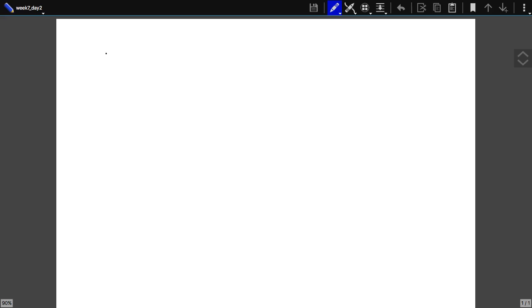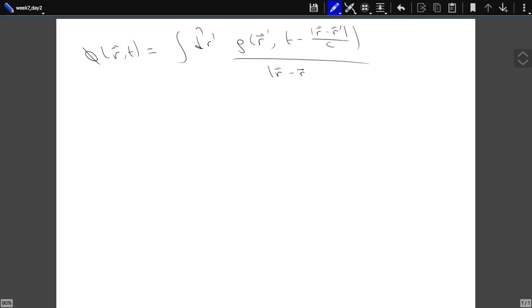So if you start with the scalar potential of an arbitrary charge distribution, this was given by d cubed r prime, rho at the point r prime at the time t minus |r minus r prime| over c, divided by |r minus r prime|.